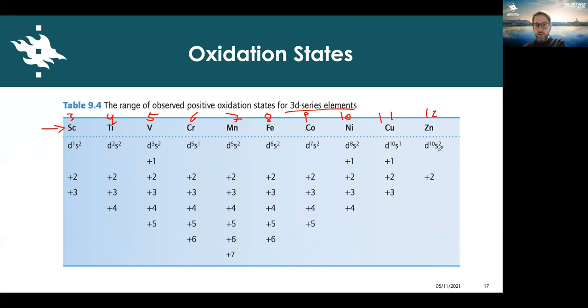Here we have the electron configurations, and here we have all the possible oxidation states that are observed for these elements. We can see that the group oxidation state can be observed until group 7, sometimes in group 8. But for the elements on the right of manganese, for example, it is very rare.